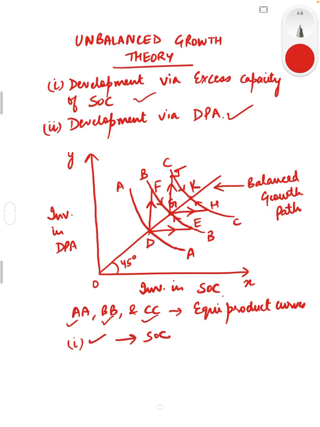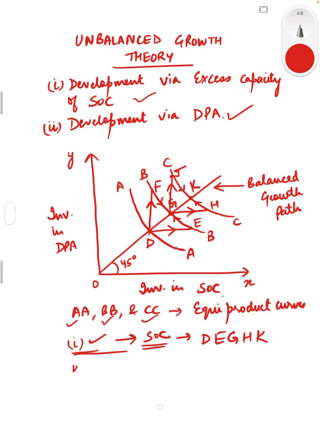So in this way the economy continues to grow, it continues to develop by first investing resources in SOC and letting DPA develop subsequently. Now if you see, if you first invest in SOC, the growth path that is followed is D, E, G, H, K, right? So this is the growth path that is followed if you first invest in SOC.